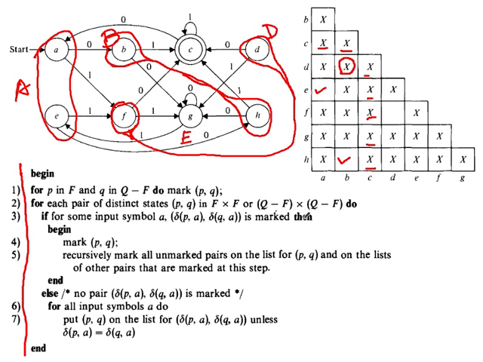So what we have here is something like this. So we have A, and then we have a B, and then we have a C, we have a D, and then we have an E.